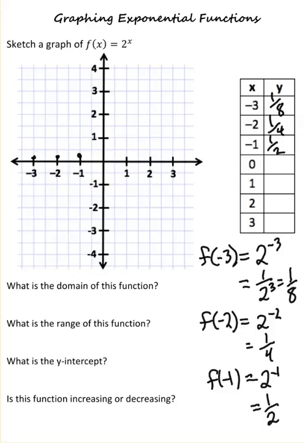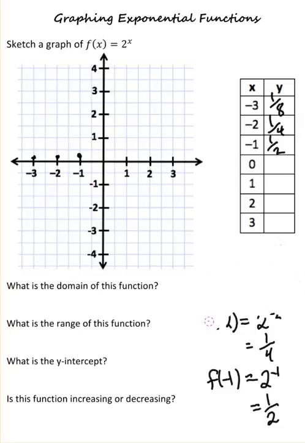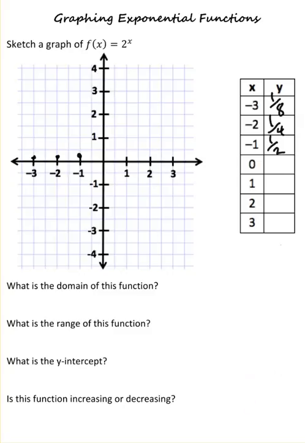When we get to f at 0, I'll give myself a little more space here. So f at 0, the y-intercept, for that I plug in, of course, x is equal to 0. Anything to the power of 0 is 1, so my y-intercept is 1 right here.